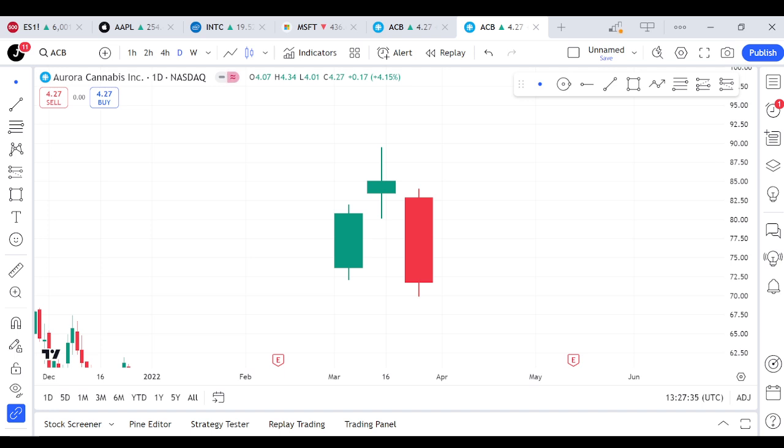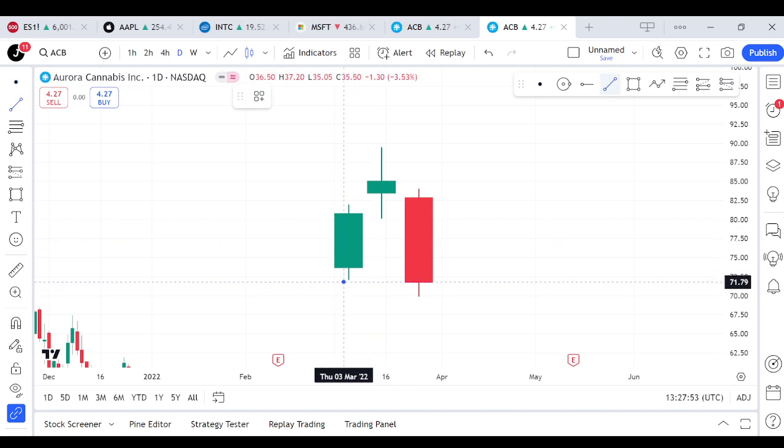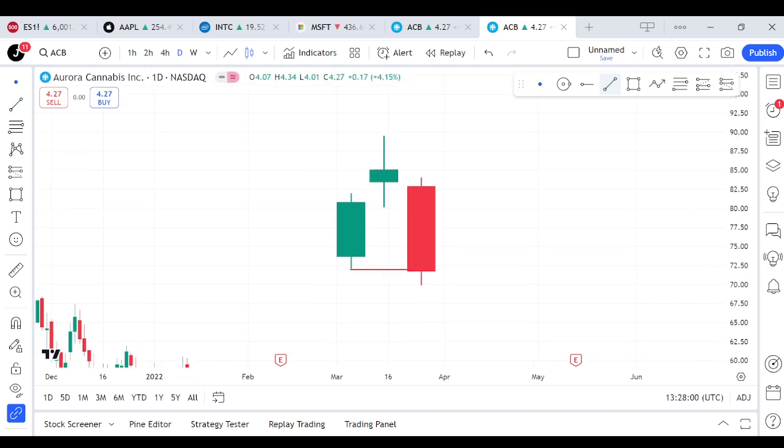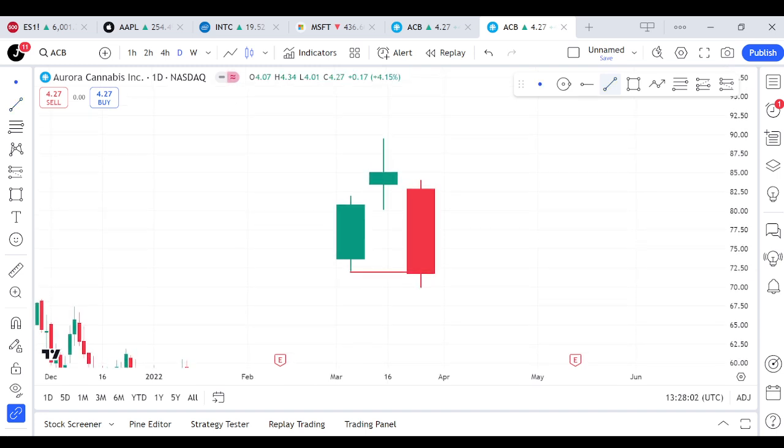It's characterized by a long bearish candle, a long bullish candle actually, a doji candle where open and close prices are nearly identical, and a gap down below the first and second candles. This is it right here. This is the bearish doji star candlestick pattern, which can signify indecision before a potential further downward move.